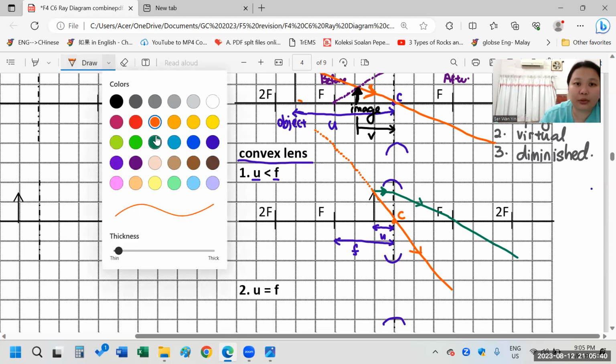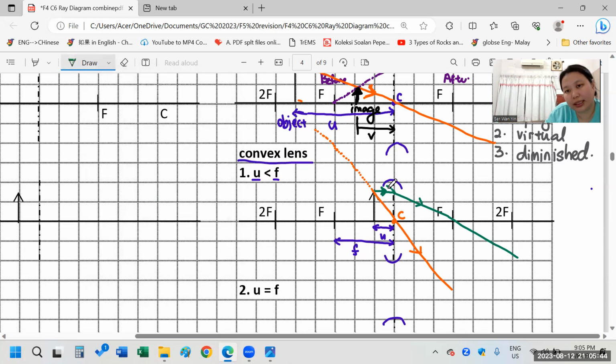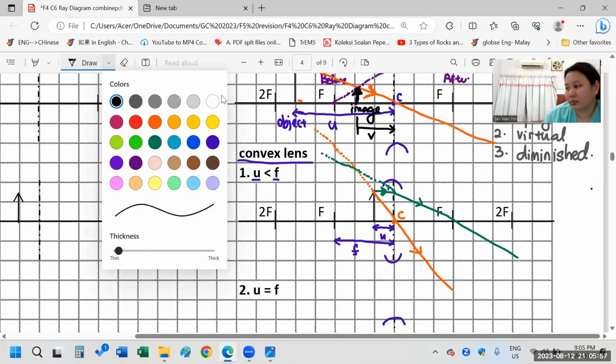Then you extrapolate the green line. And now, ta-da! We have the intersection point of orange and green here.